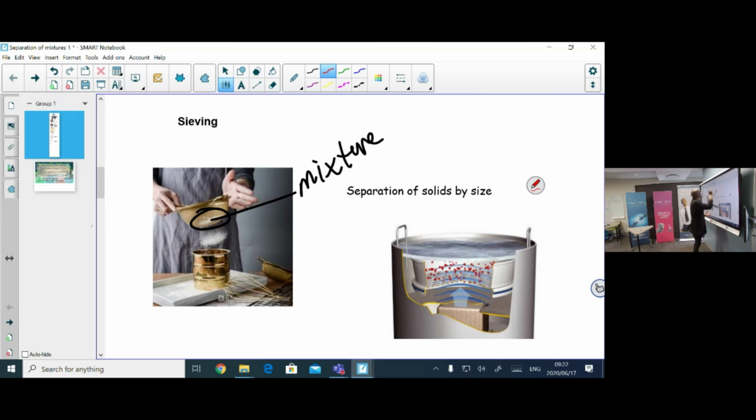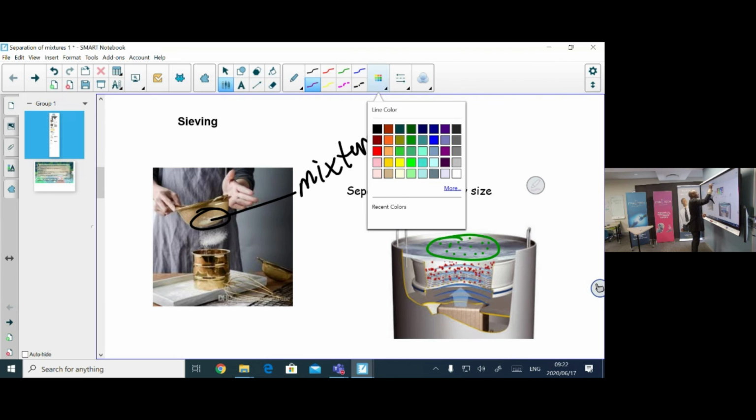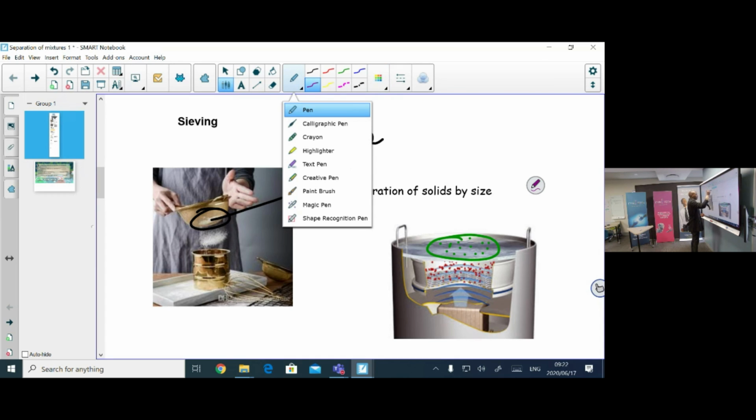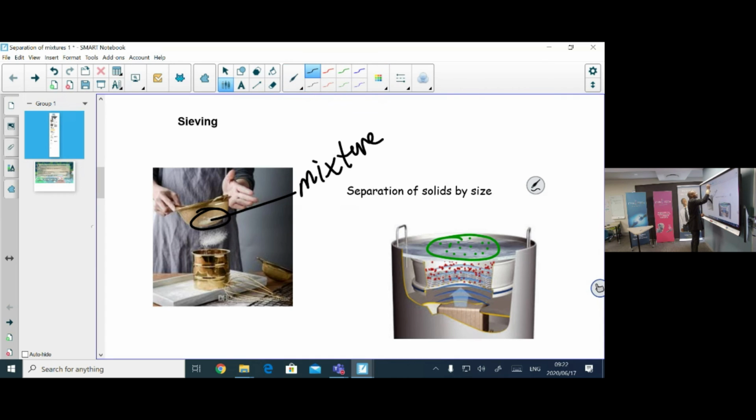So here are your particles. Say this is your mixture, and here are your particles in different sizes. In showing the varying sizes, I will use different colors to indicate those different sizes, right? It's our mixture having different sizes.